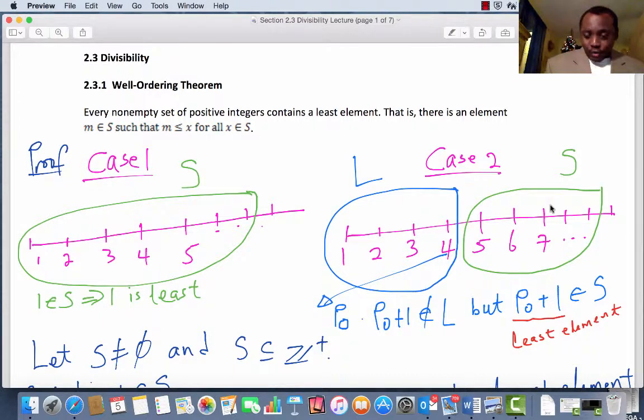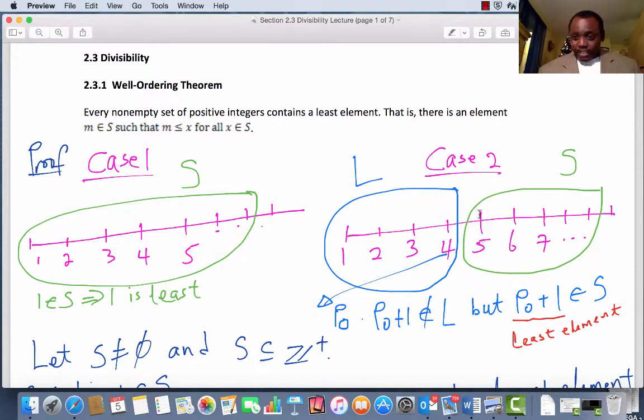What is our goal? Our goal would be to prove that there exists an element in L, which I'm going to call P0, such that P0 plus 1 is not in L. And if P0 plus 1 is not in L, then P0 plus 1 would have to be in S, and that would be the least element in S. As a matter of fact, in this little diagram that I have here, my P0 plus 1 would be 5.